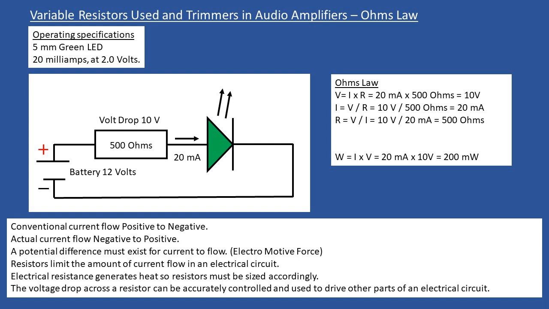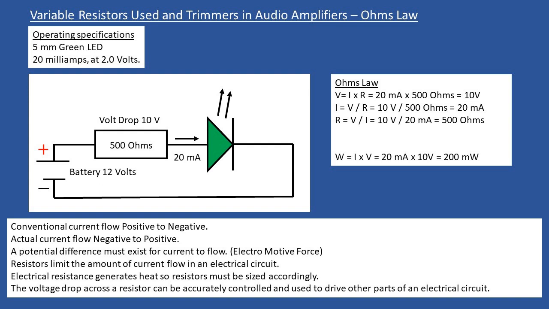So actual current flow means that the negatively charged electron will be attracted to the positively charged anode of the battery, and that is the correct way in which the current flows. But I don't expect anyone out there to change the terminology and say, okay, actual current flow is this. But it's important to understand that electrons are negatively charged, and they are attracted to a positively charged anode, as in the example here in the battery.